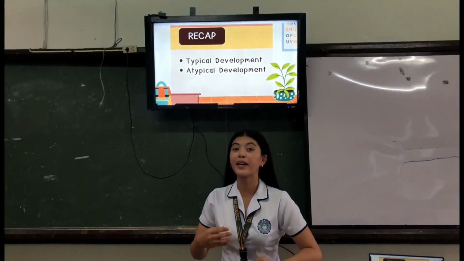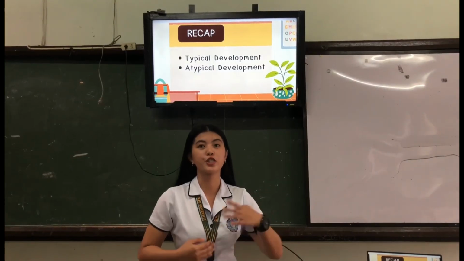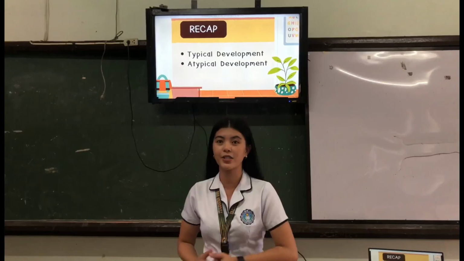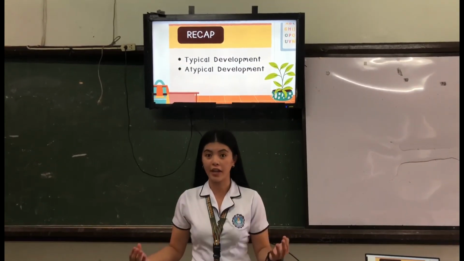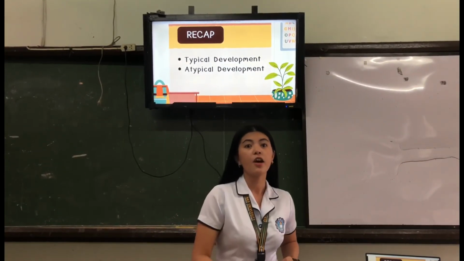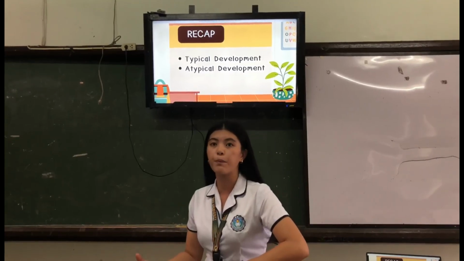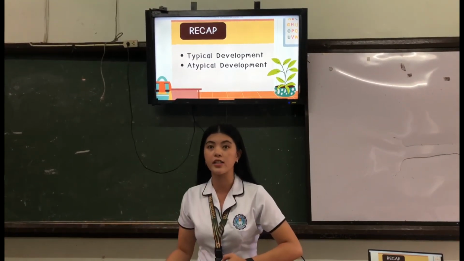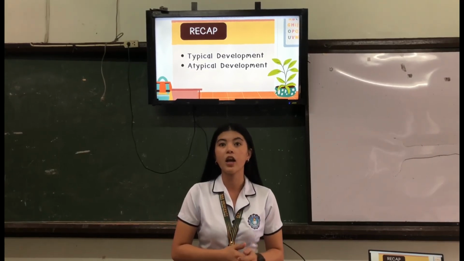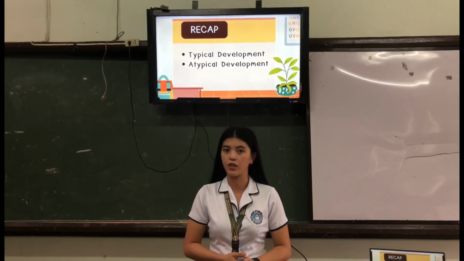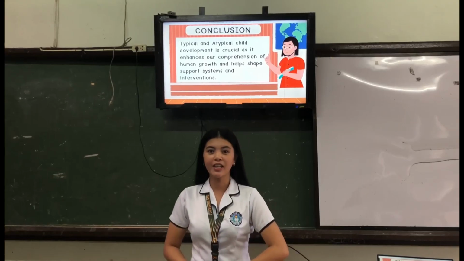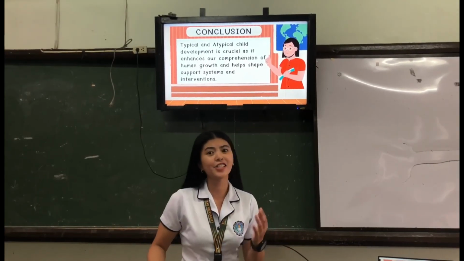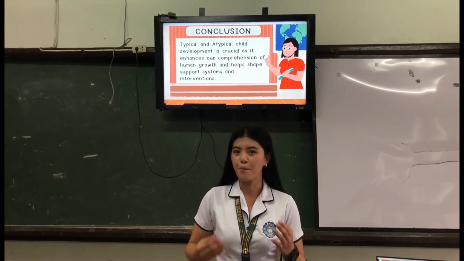When we say typical development, it refers to the expected sequence of physical, cognitive, and emotional milestones that most children reach within a certain age range. On the other hand, atypical development involves differences, delays, or disorders that affect a child's development and may require intervention.